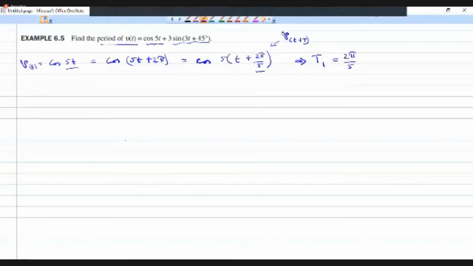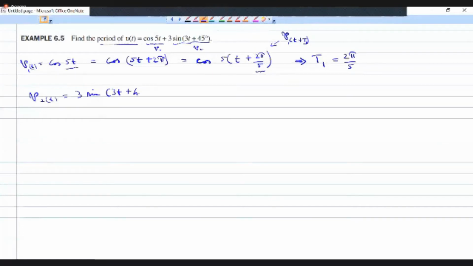What about the second function? I will call this V1 and this V2. Okay. And the second function, V2 of t, is 3 sine 3t plus 45 degrees, right?